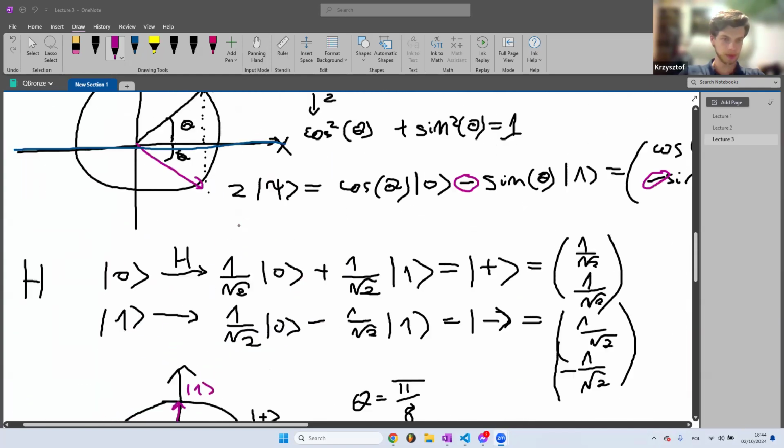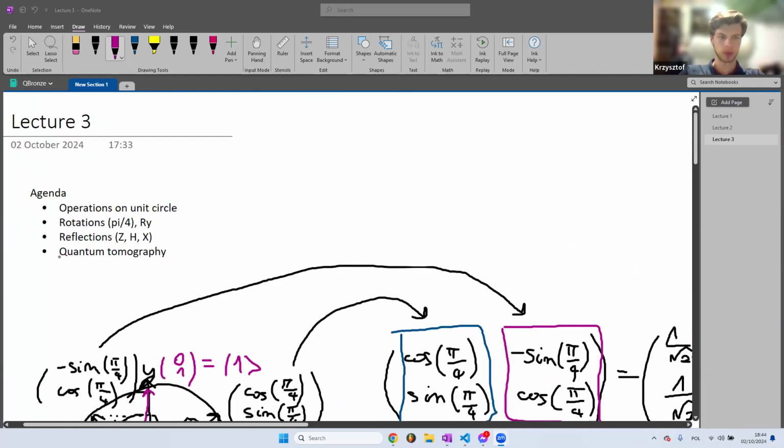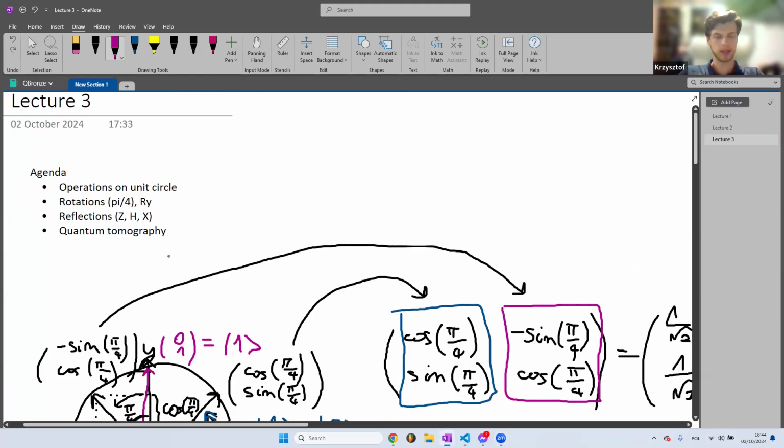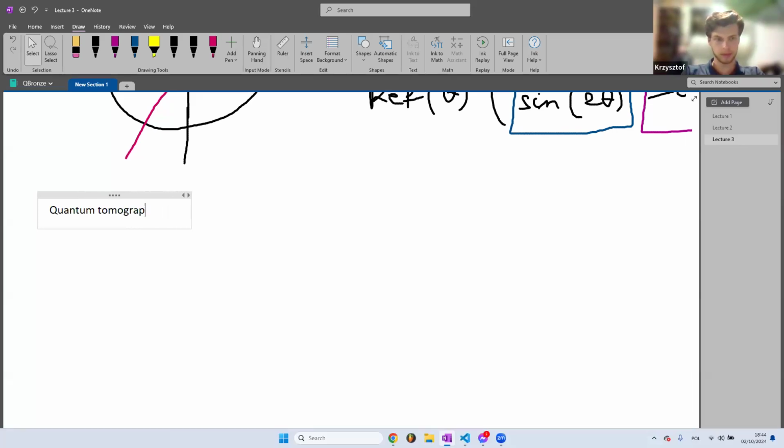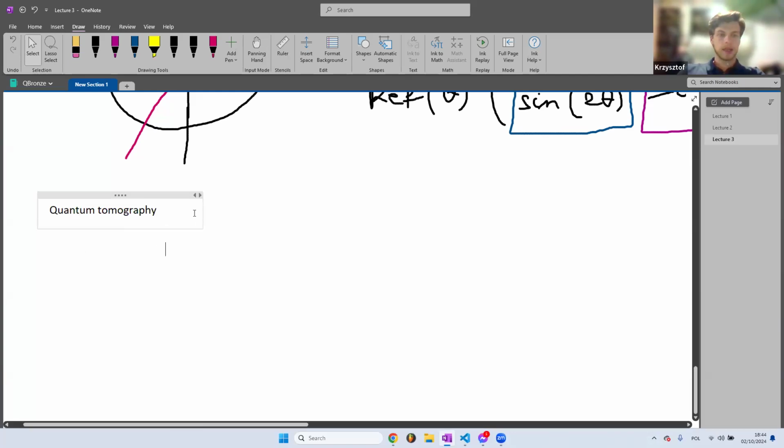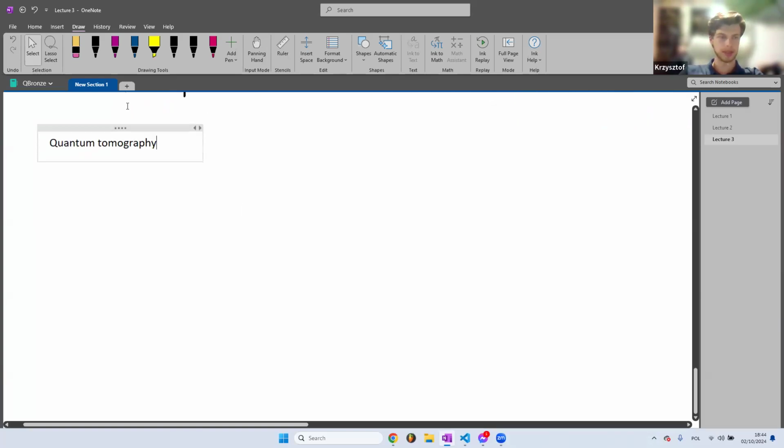So now a little bit of a word about quantum tomography, what it is, and how to formulate it. Quantum tomography aims to answer the question, what is the state of our qubit based on the measurements?